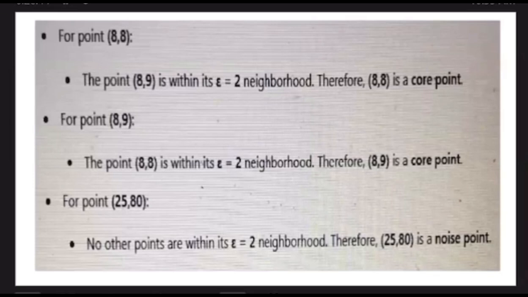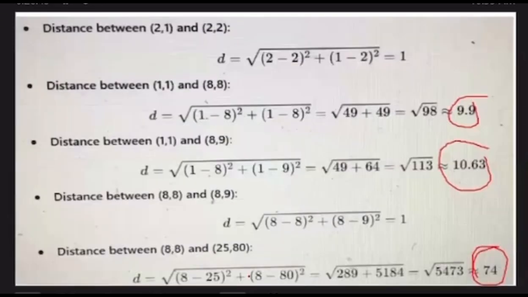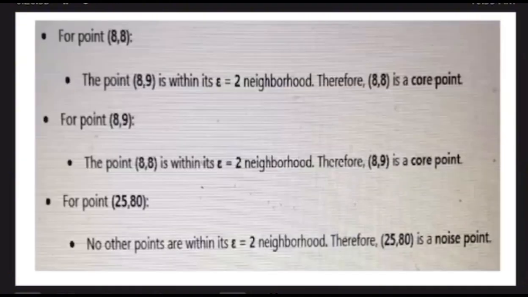But when you get to (25, 80), I said no other points are within its epsilon equal to 2 neighborhood. Therefore, (25, 80) is a noise point.